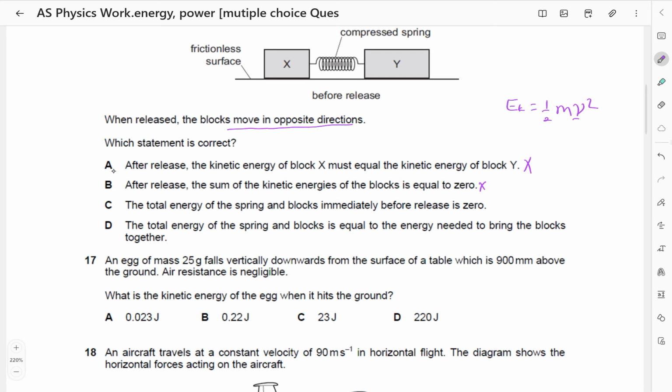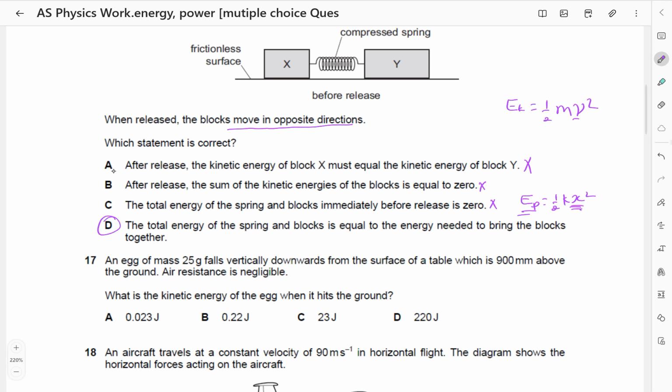Then, total energy of the spring and the blocks immediately before release is 0. Of course, total energy in the spring is elastic potential energy and it is not 0. When it is compressed, there is a compression, so elastic potential energy is a half kx squared. So if there is a compression before release, the potential energy is not 0, so the total energy cannot be 0.